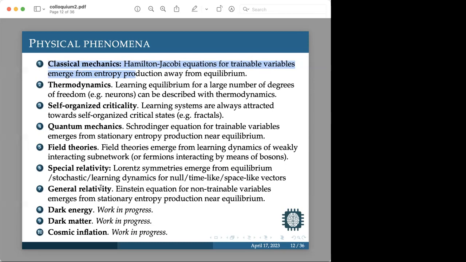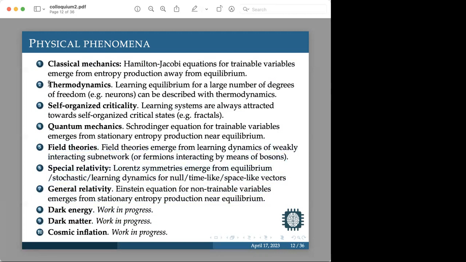So far, this is still work in progress, but at least the first seven, we have a pretty good idea and published work of how classical mechanics would emerge from the equation that I gave you on the first slide. Here we'll pay attention to thermodynamics, self-organized criticality, and then quantum mechanics as a bonus, and I may also mention how the field theories emerge. The rest is beyond the scope of this talk.